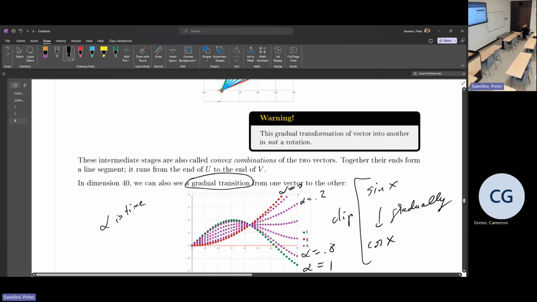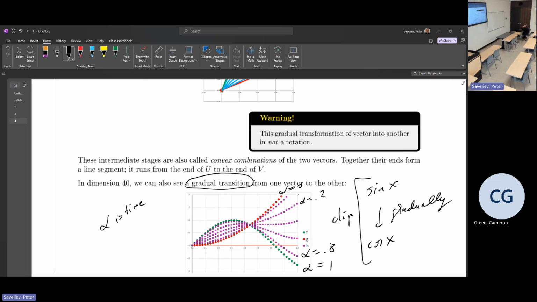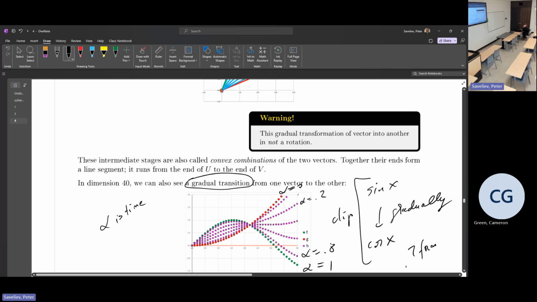You recompute the thing one alpha at a time, and alpha changes over time in a gradual manner. So in this case you have, what is it, seven frames. Here I have 7 frames for your video, and it transforms one graph into the other.